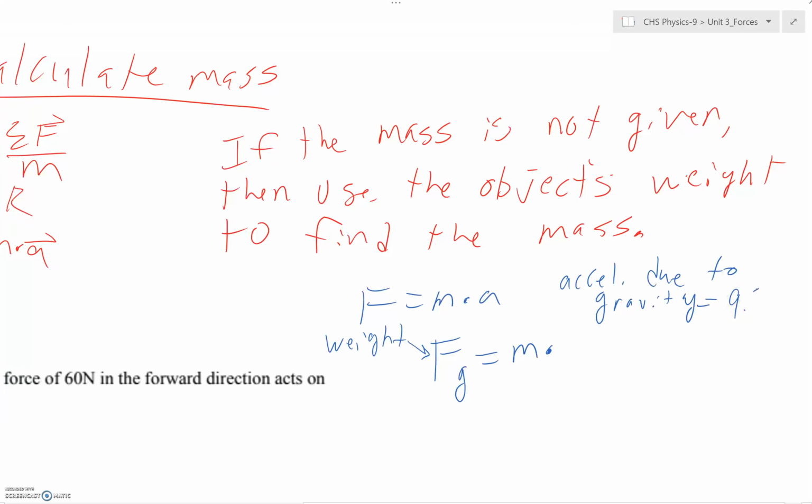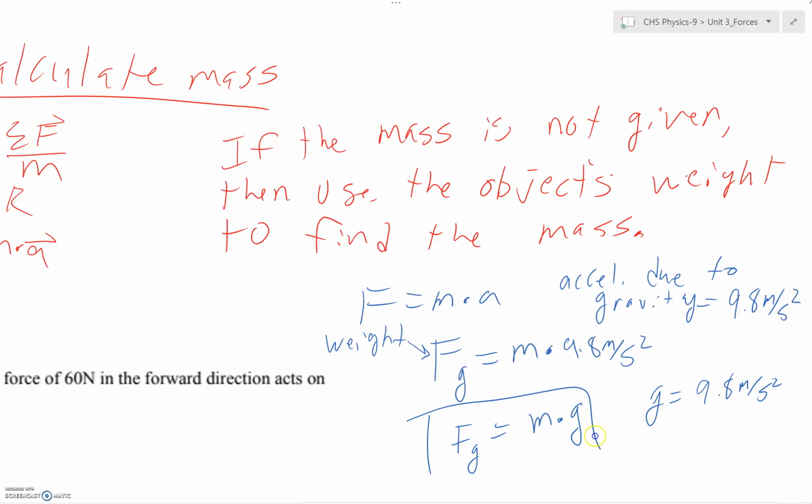The acceleration due to gravity is 9.8 meters per second squared. So the weight, or the force due to gravity, is the mass times 9.8 meters per second squared. A more general way to write that is: force due to gravity equals mass times g, where g equals 9.8 meters per second squared. This equation is on your reference sheet when it comes time for that.